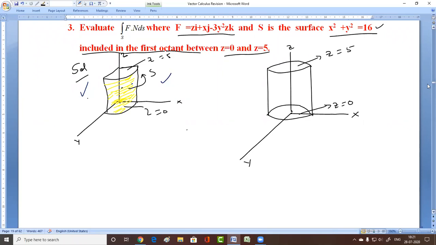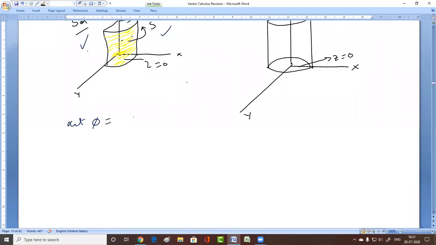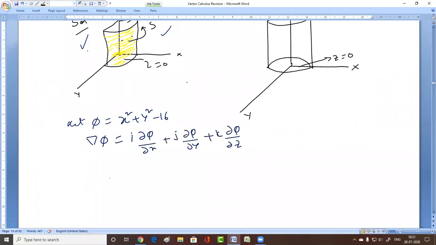First, let phi equal the surface x square plus y square minus 16. What is del phi? Del phi, already discussed, is i dou phi by dou x plus j dou phi by dou y plus k dou phi by dou z. So find the partial derivatives with respect to x, y, z.